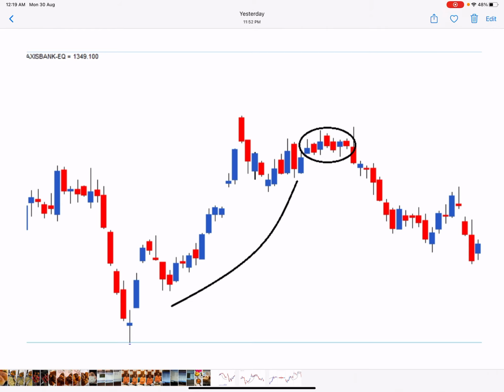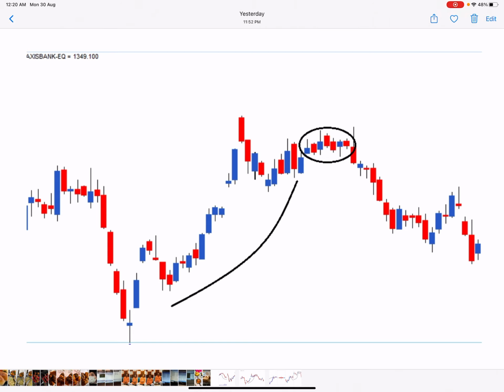The spinning top basically conveys indecision in the market. That is, neither the bulls nor the bears can influence the market. Placing the above fact in the context of an uptrend, we can conclude two things.